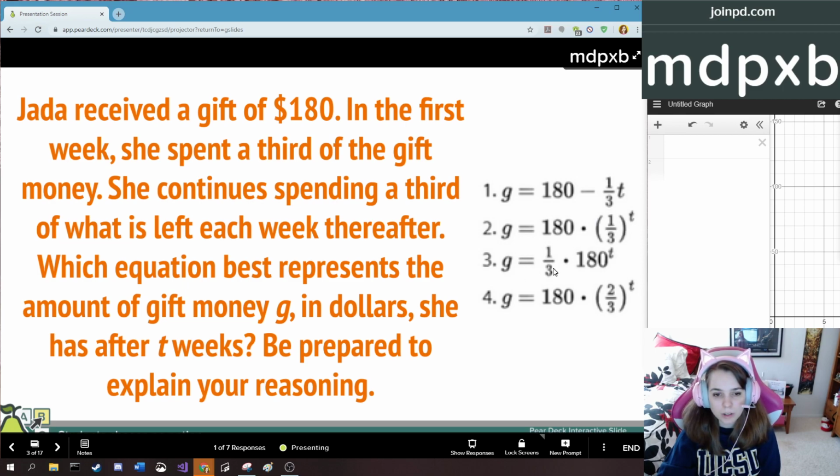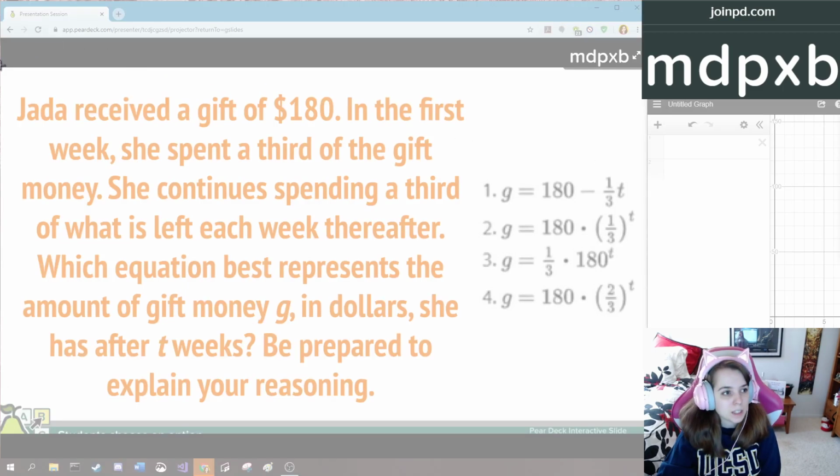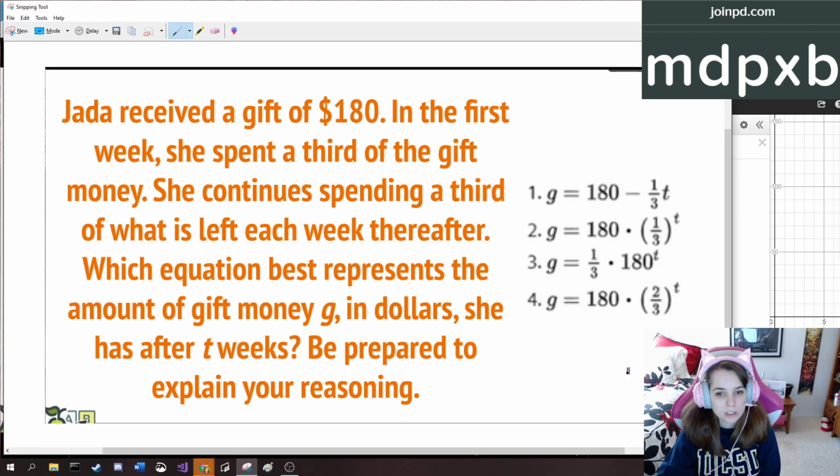Equation 3 is g equals 1/3 times 180 to the power of t. And then g equals 180 times 2/3. Go ahead and pick which equation you believe fits this situation, and I'll be showing the poll of what we believe to be the correct answer.